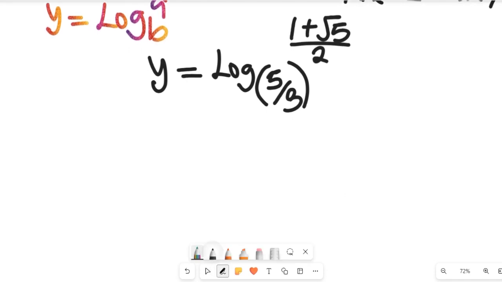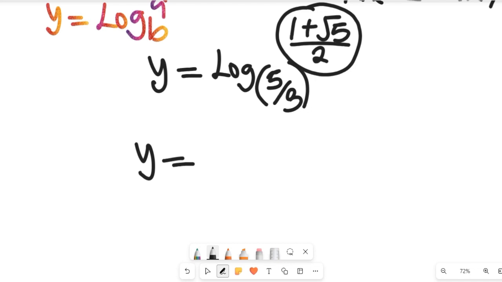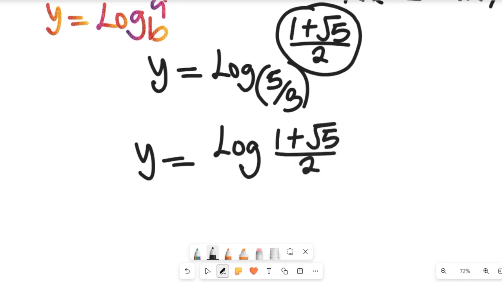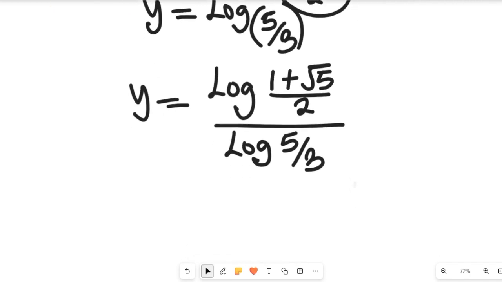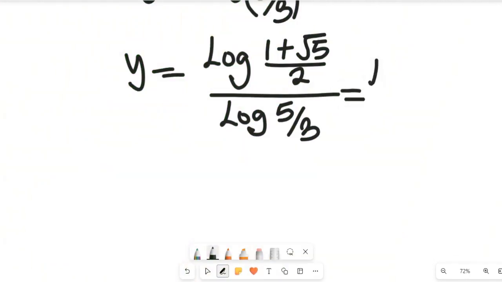If we simplify that whole expression, the value of y will be equal to the log of 1 plus root 5 divided by 2, all divided by the log of 5 divided by 3. This is exactly the same thing as that.